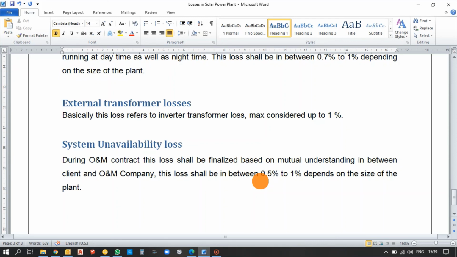Normally, 0.5% is taken for normal PV system generation. You can set 0.5%, or you can predefine the timings, date, time, and number of hours in a day. So you can define this as system unavailability losses in a PV system during your generation of the report.